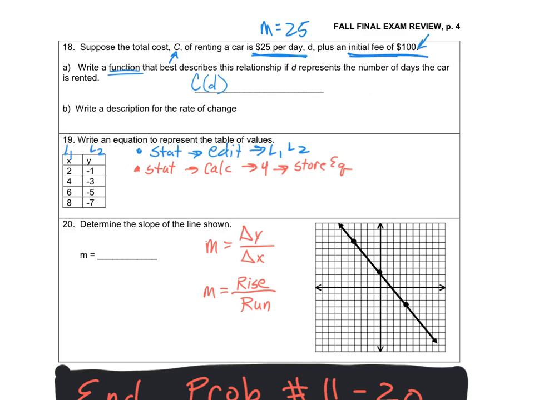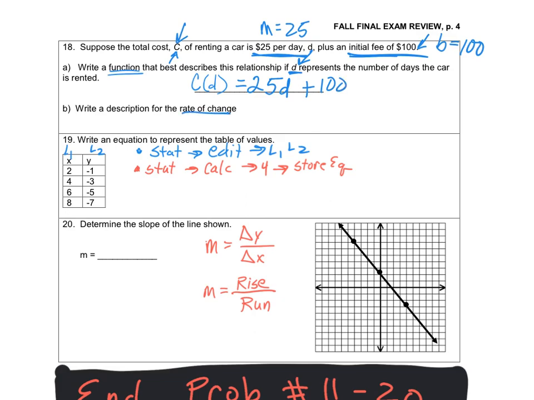The word initial fee or beginning fee lets me know that that's my b value. It says write a function that best describes the relationship if d represents the number of days. So I know that's going to be c of d equals 25, was our rate, so 25 times the number of days plus our initial fee of 100.